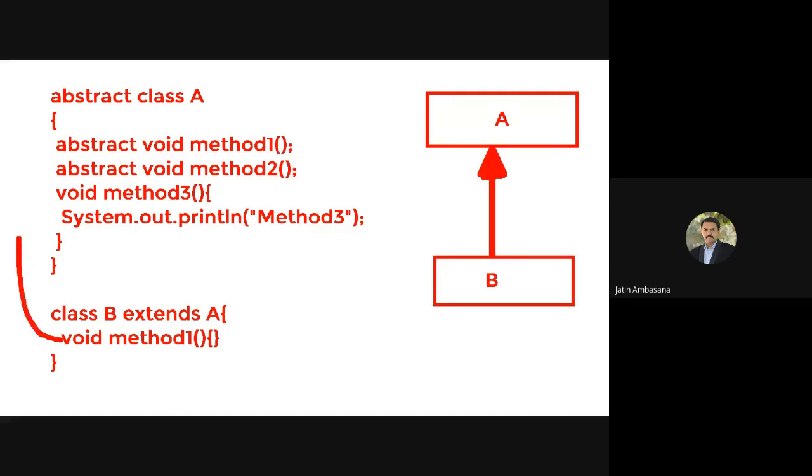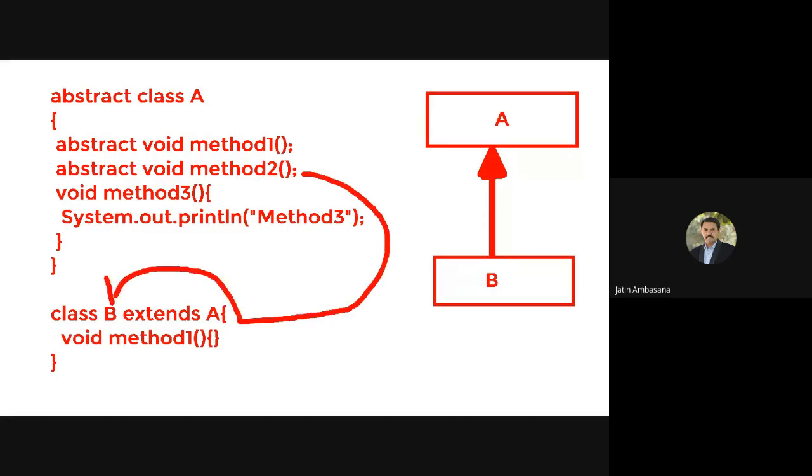It is not implementing abstract method 2. So it means abstract method 2 is already inherited by this class B.